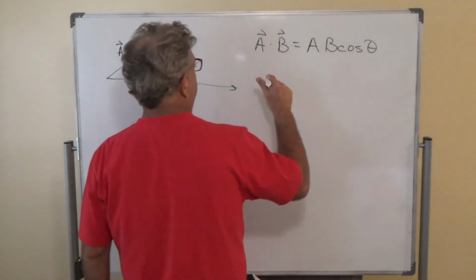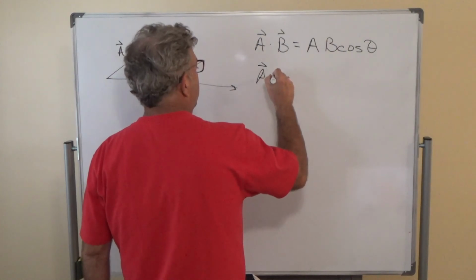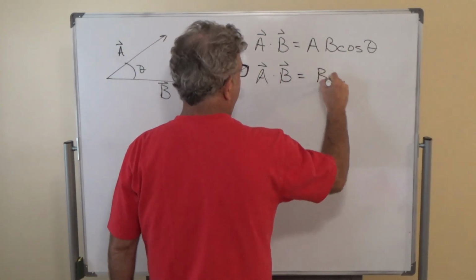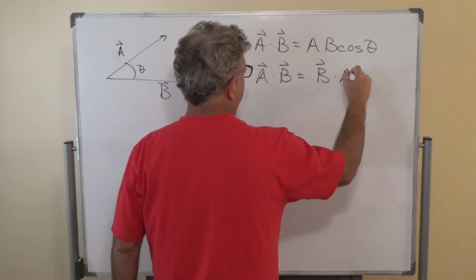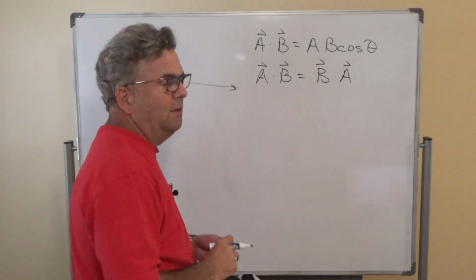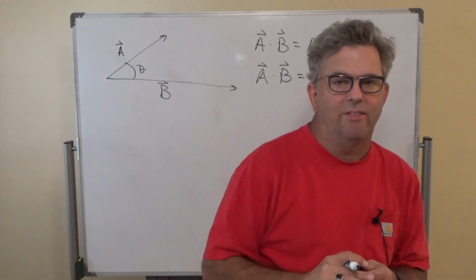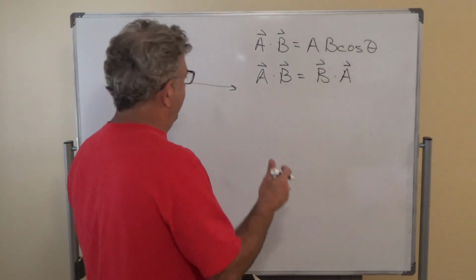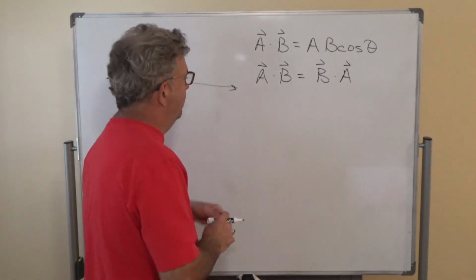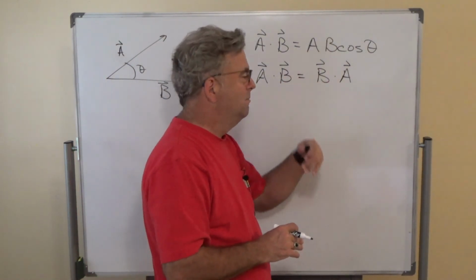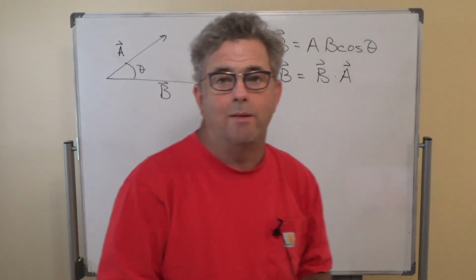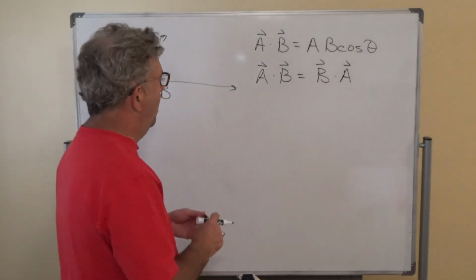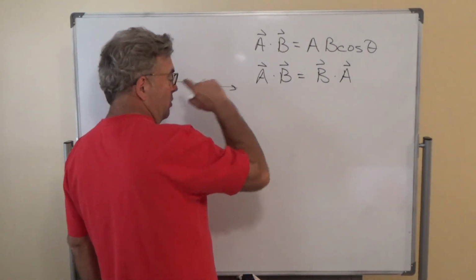This dot product is commutative. A dot B equals B dot A. Doesn't matter how you dot them. The negatives work just like you would think. The negative of A dot B is negative A dot B or A dot negative B. It's also distributive.